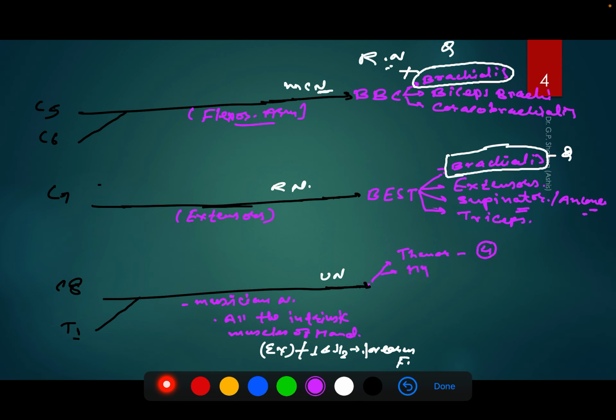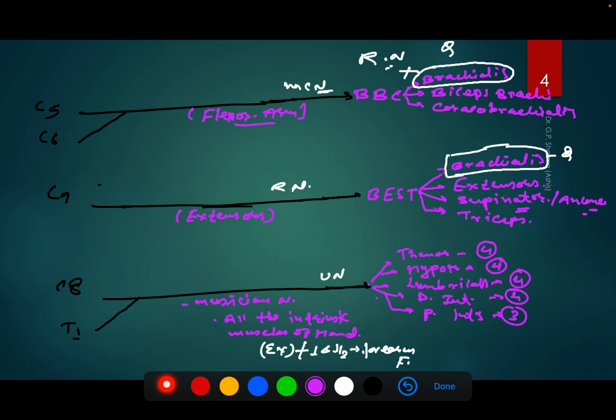Similarly, we have hypothenar muscles, we have 4. And we have the lumbricals, we have 4. And we have the dorsal interossei, we have 4. And we have the palmar interossei, we have 3, right?